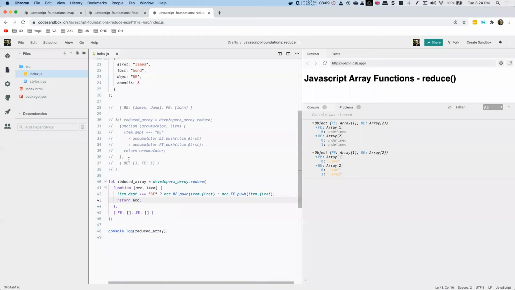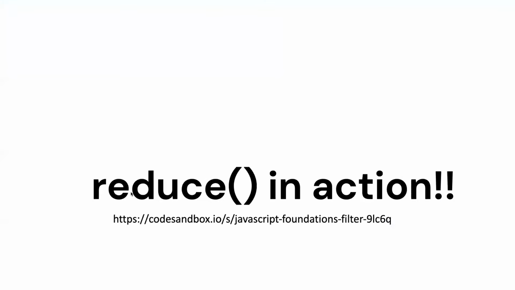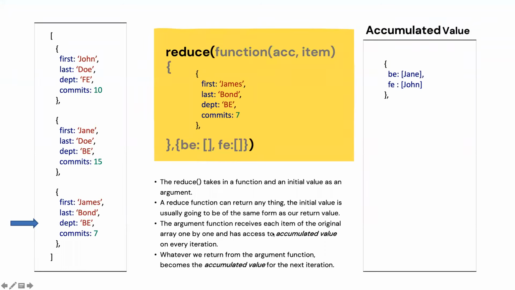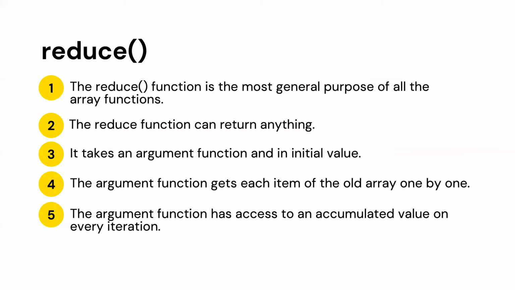It makes our code much cleaner once we are comfortable with the mental model behind it. That's why I took this time to make sure that we are clear with how it works. In every iteration, we get the item and the accumulator, and the return of the argument function becomes our next item's accumulator.